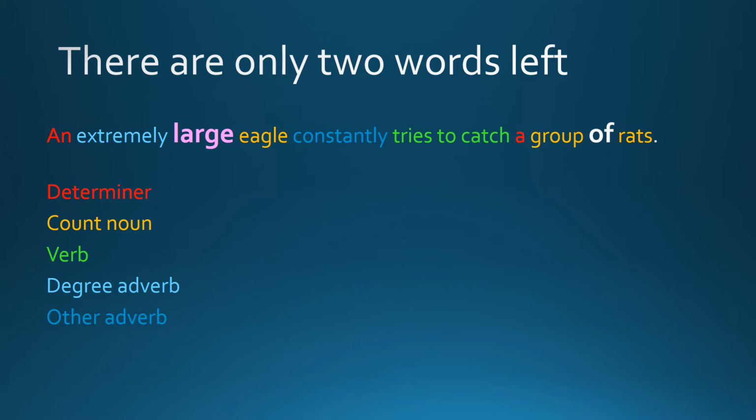So let's have a look at large. We've got an extremely large eagle, and large occurs in front of a noun. That gives us a clue. So we can also say the eagle is extremely large. And because large can occur in both those places, it must be an adjective.